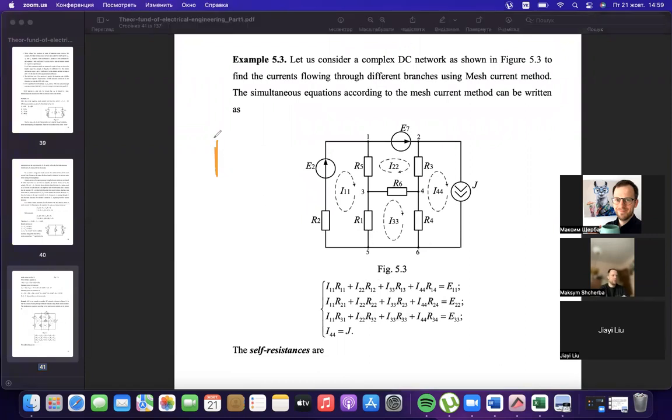Also, some restrictions of the method. As with any mathematical approach, this method has some restrictions. The restriction is connected to the current source. If you have a current source inside your model, you should choose one of the meshes equal to this current source.